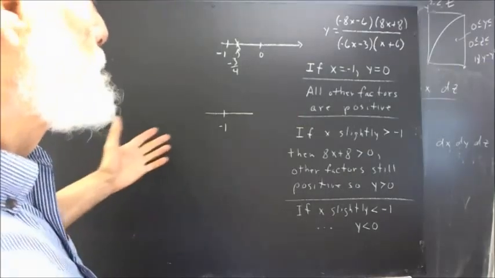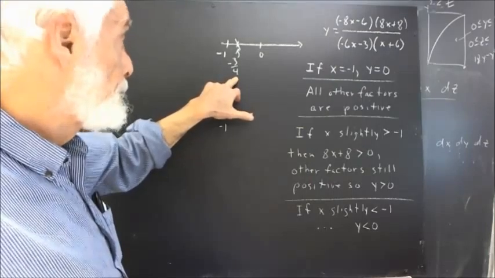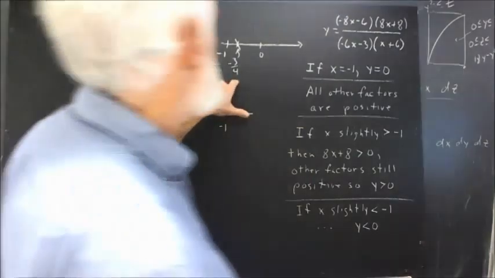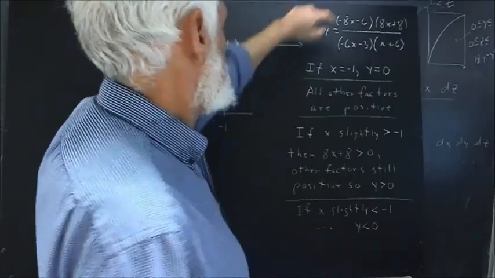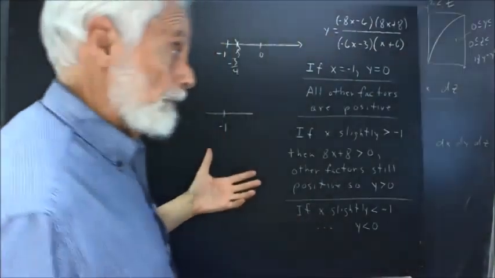Okay, we've established that near x equals negative 3/4, the negative 8x minus 6 factor is going to be 0, and the product of all the other factors is going to be negative.